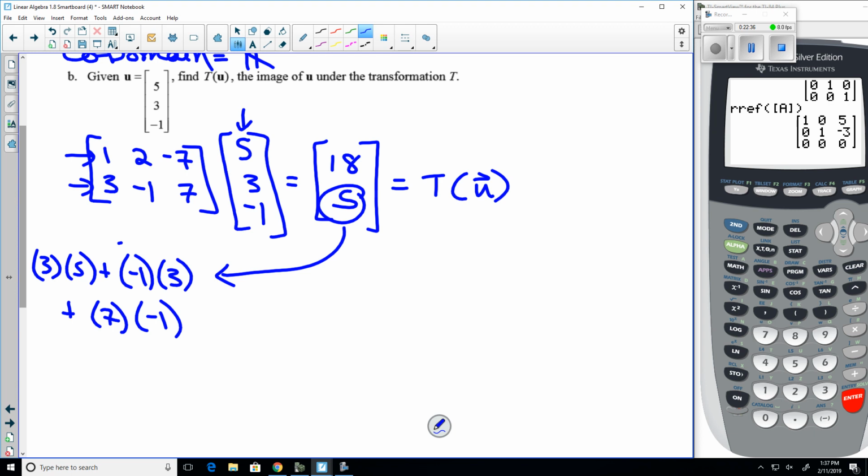So 5 times 3, that's 15. 3 times 1 is -3. And then 7 times 1 is -7. That's how I got 5. Anybody else? Questions?